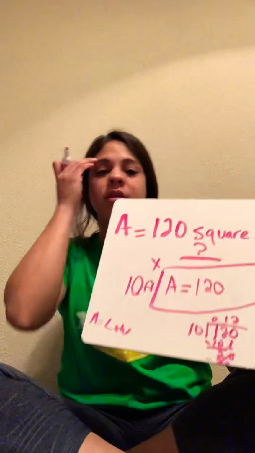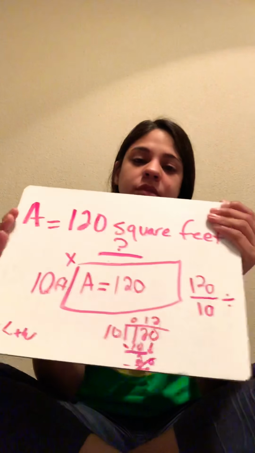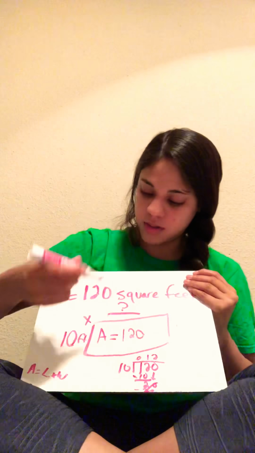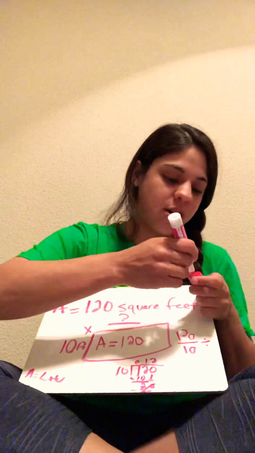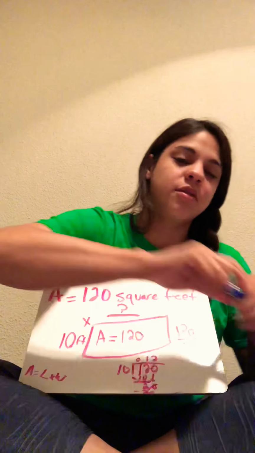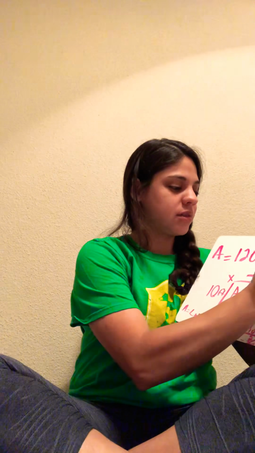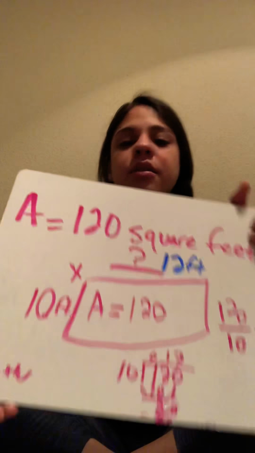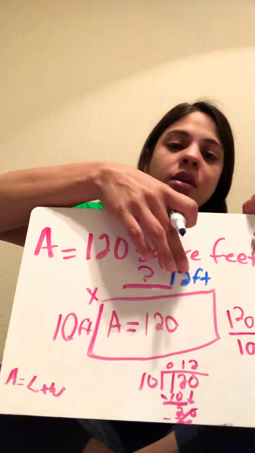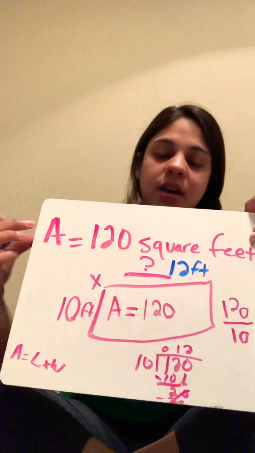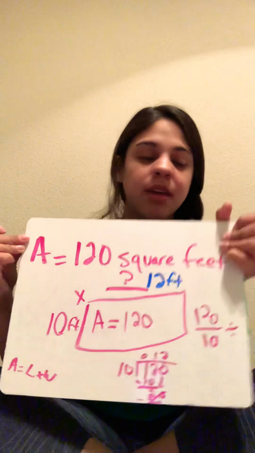So then my length should be what? 12. And how do I know? Well, you should be able to check, right? And I know that 10 times 12 equals 120. So I am correct. Okay?